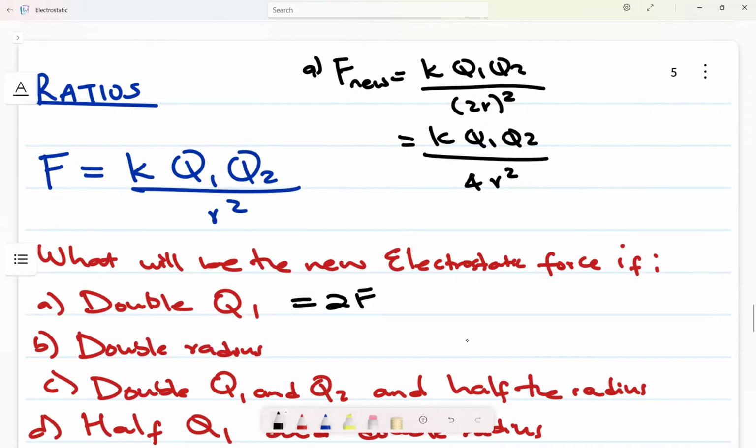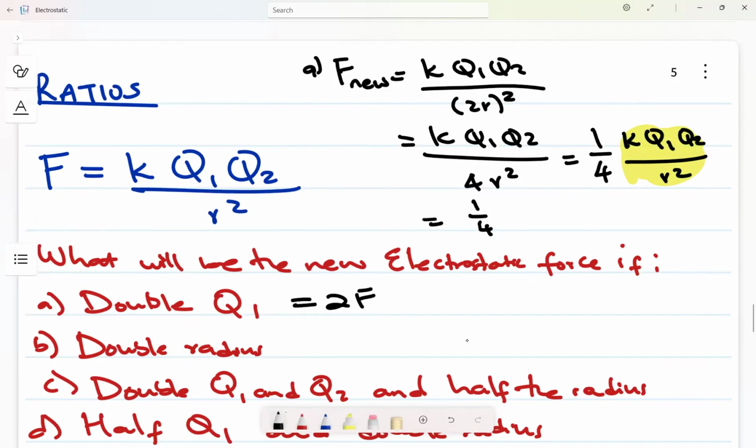I can also rewrite this as 1 divided by 4 multiplied by K Q1 Q2 divided by R squared. What is this? This is F. So my new force will be 1 divided by 4 multiplied by the original force.